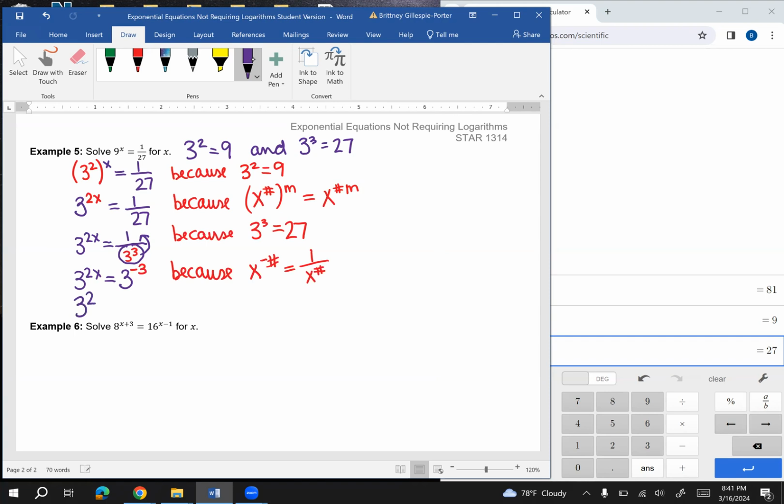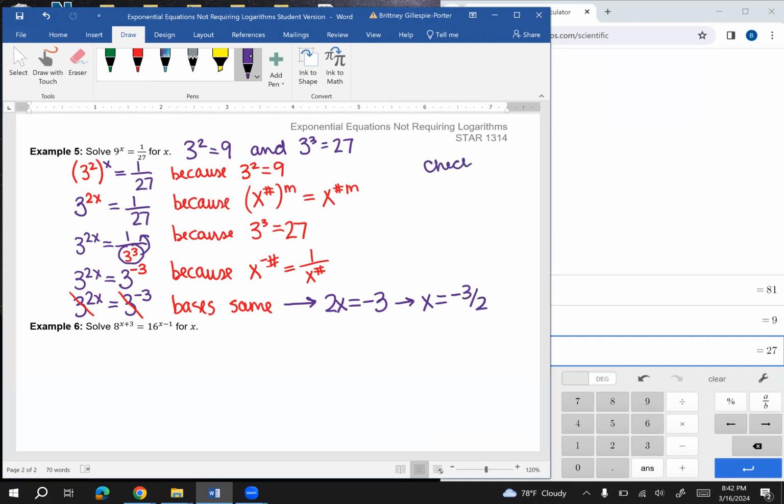And we have 3 to the 2x is now equal to 3 to the negative 3, which means that we can get rid of the bases because the bases are the same, which means that we have 2x is equal to negative 3. Divide both sides by 2, we get negative 3 halves.